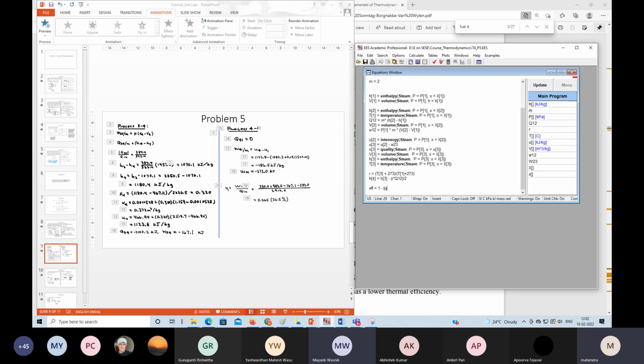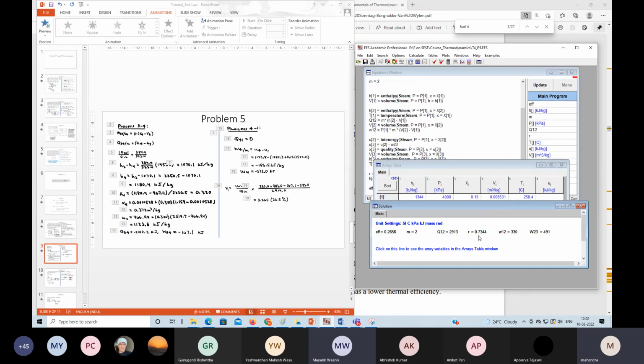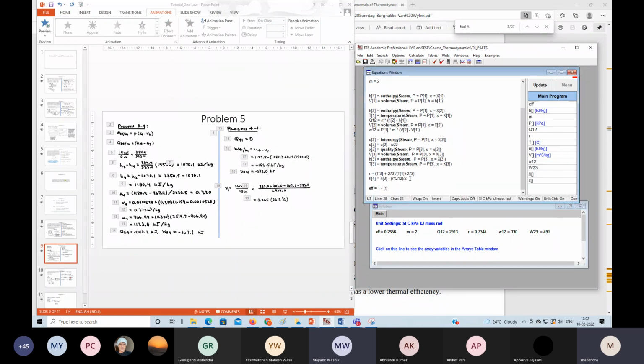Q34 we have not calculated, right? Okay, anyhow, let's use R. Okay. Efficiency equal to 26.5%. If you want to calculate Q2 from this ratio, Q34, Q rejection, you can calculate these over here. Q34 you can calculate from R only.